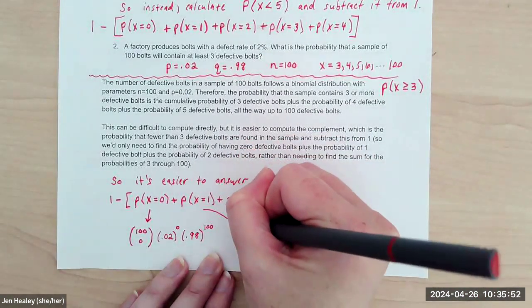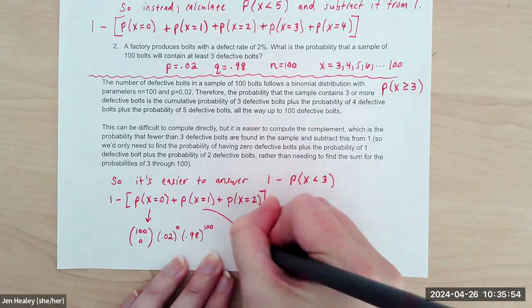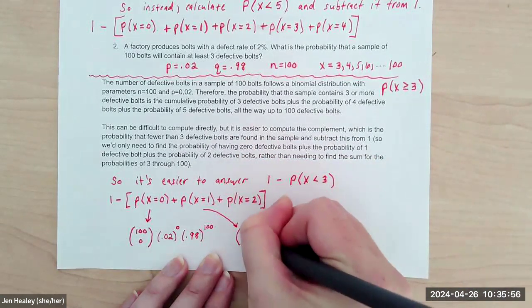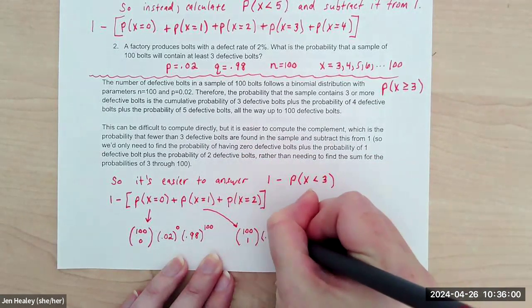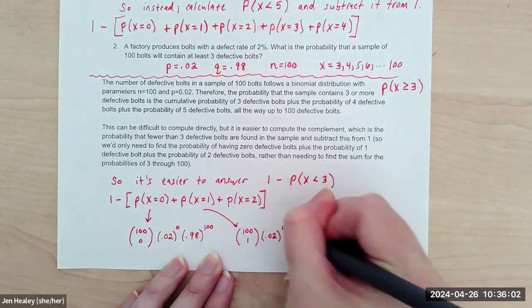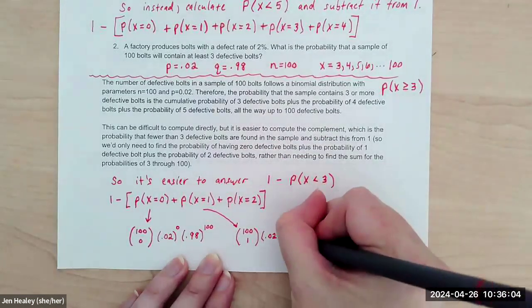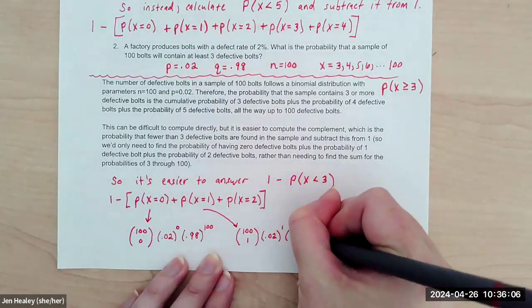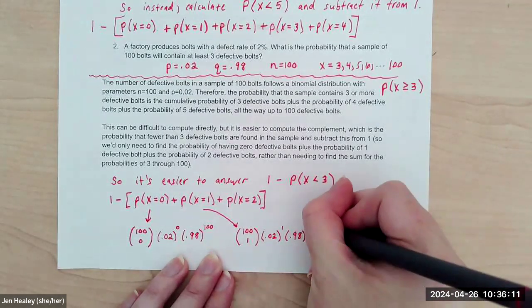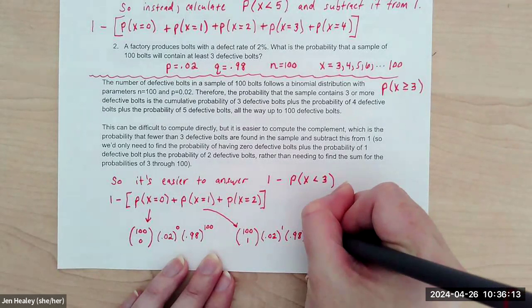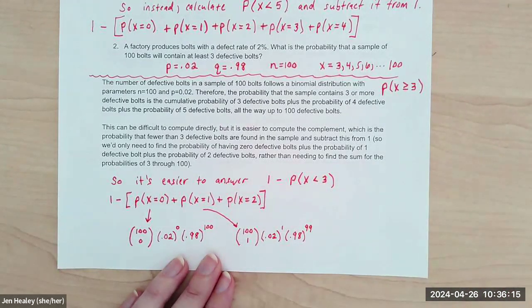Then this one over here is 100 choose 1. And you would do 0.02 raised to the power of 1, and you'd do 0.98 raised to the power of 100 minus that 1, so it would be to the power of 99.